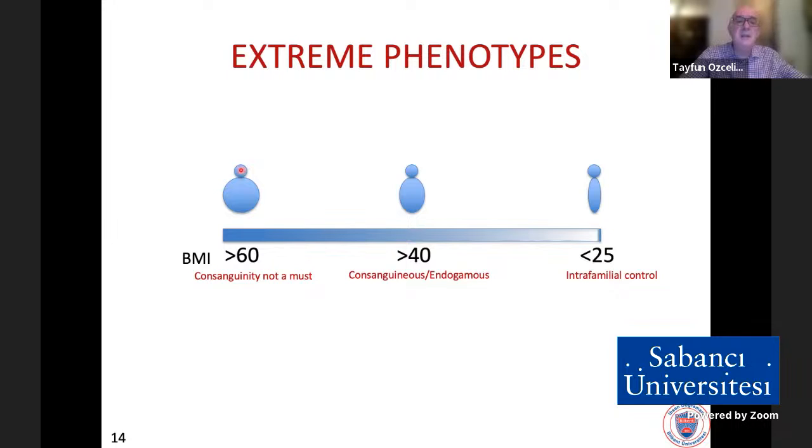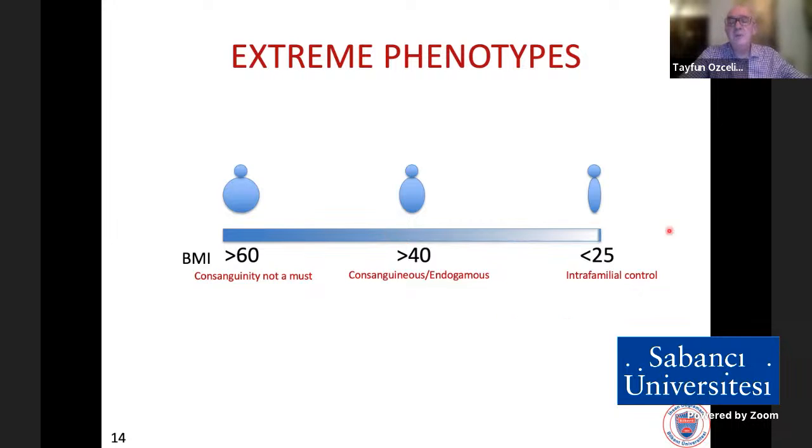And in the beginning, we only collected families that are consanguineous. Consanguinity means they are related with each other. But later on, when we looked at the composition of the families, we saw that anyone with a body mass index of over 40, the majority of them are anyhow consanguineous.